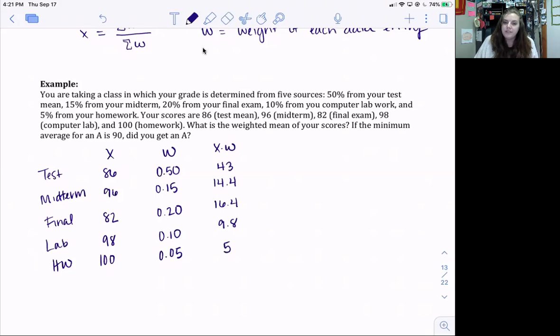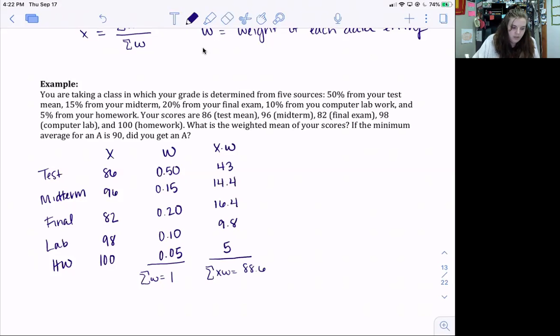Now we want to find the sum of these last two columns. The summation of W, or our weights, if we add those all up, we get 1. That is not always the case, so always make sure you check. And if we add up our last column of X times W, we get 88.6.